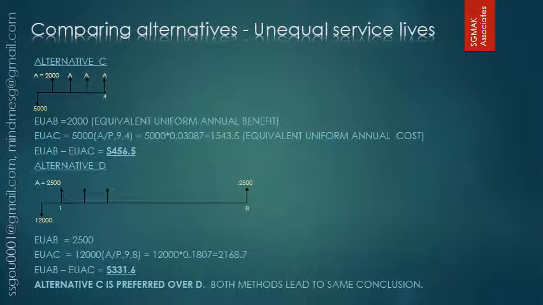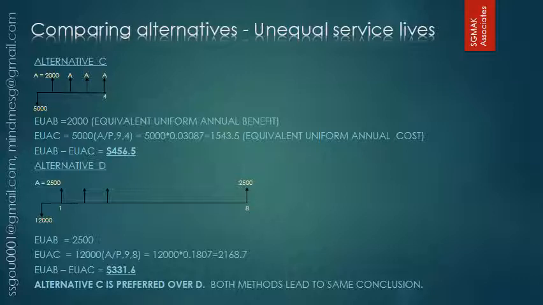If you look at alternative C's cash flow diagram, convert all the benefits in terms of an equivalent uniform annual benefit. It happens to be $2,000. That's the uniform annual benefit. Now, to find the equivalent uniform annual cost, you take $5,000 at time t equals 0 and spread it as an annuity cost over 4 years.